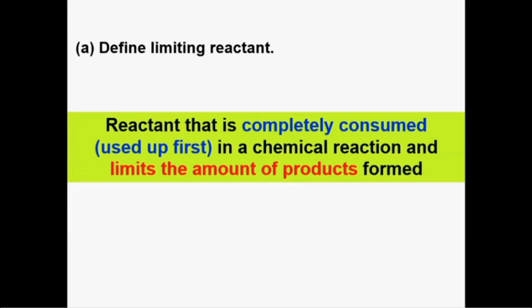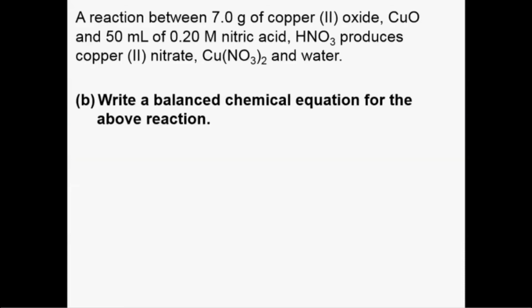Let's move on to the next question, B. You need to write a balanced chemical equation for the above reaction. Looking back at the question, copper 2 oxide reacts with nitric acid to produce copper 2 nitrate and water.